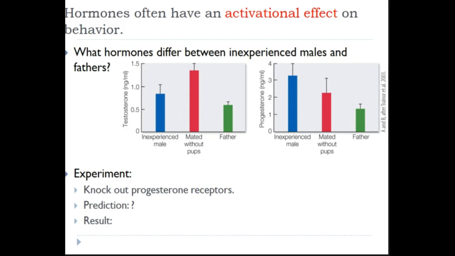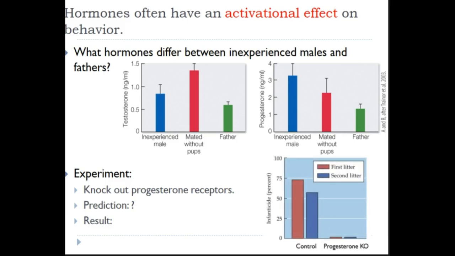They can't detect it anymore, so their cells should respond as if there is no progesterone present. And if we're right that progesterone is what's causing infanticide, then if we eliminate any function of progesterone from the brains of these mice, they should really stop being infanticidal.